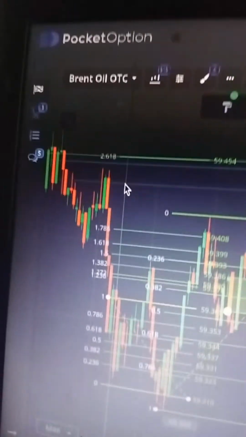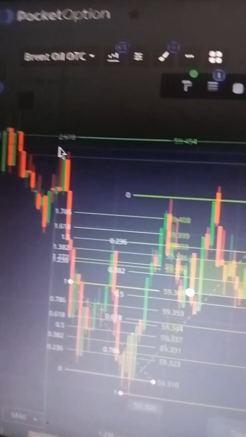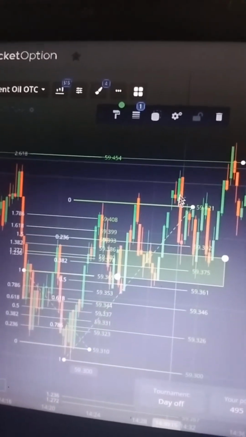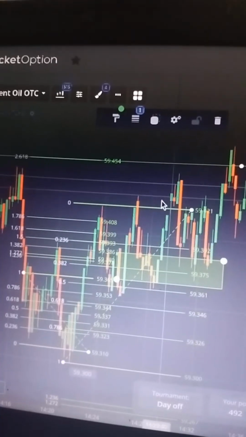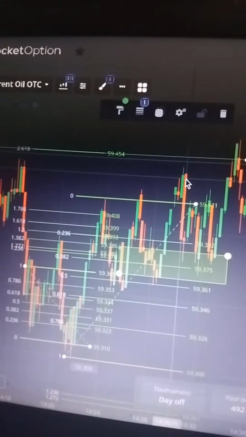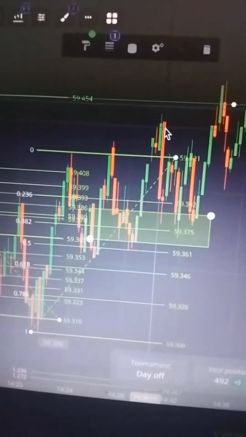Okay, that area up there is a strong resistance, right? So they made it seem like the price is going down. So there will be what? New sellers. New sellers will be coming into the market. They will flood the market.